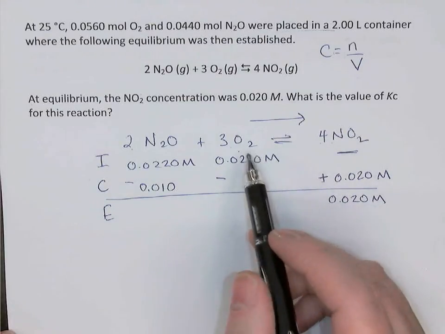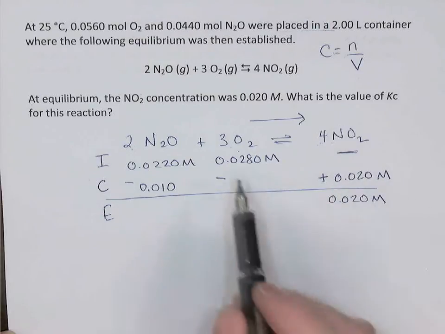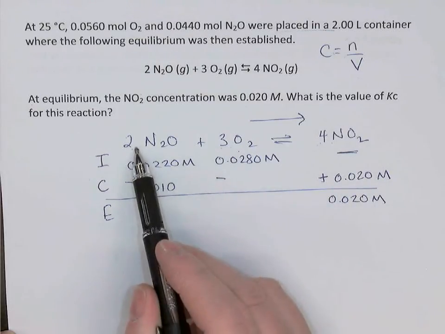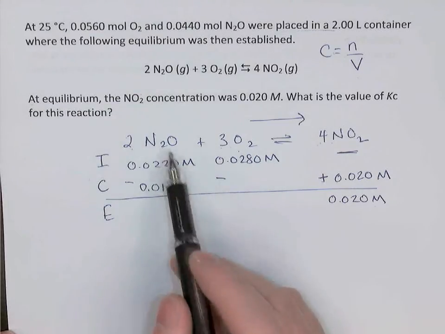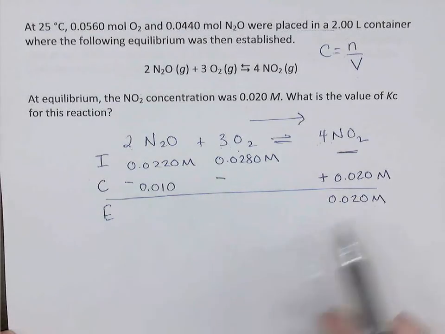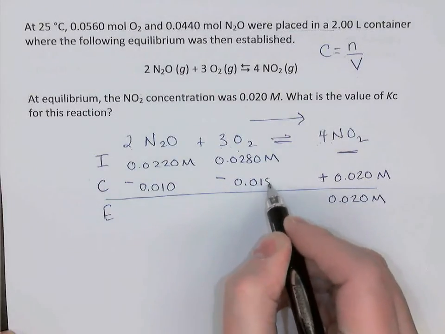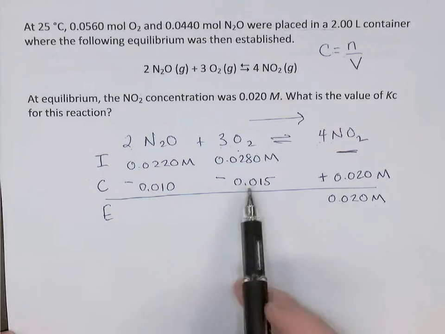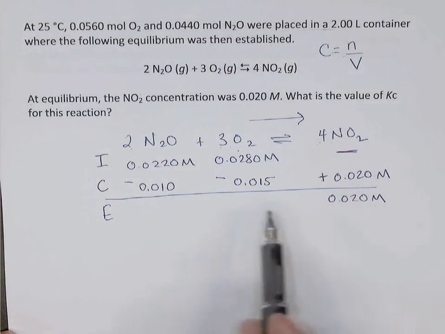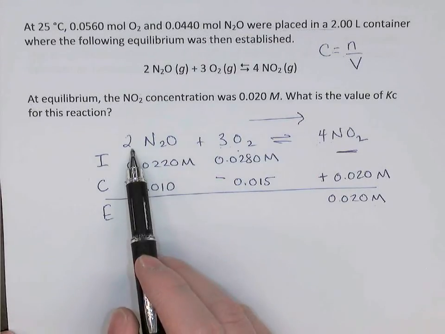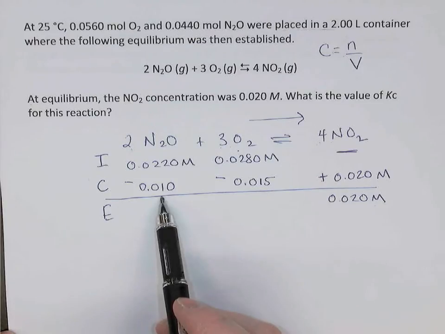You could argue that it's going to be 3/4 or 75% of 0.02. Alternatively, we could look at 3 to 2 and argue it's going to be 3/2 of 0.01. Either way, you should get the same answer. This is going to lose 0.015 molarity. So again, that's 3/4 of 0.02, or it's 1.5 times 0.01, the change for the N2O.